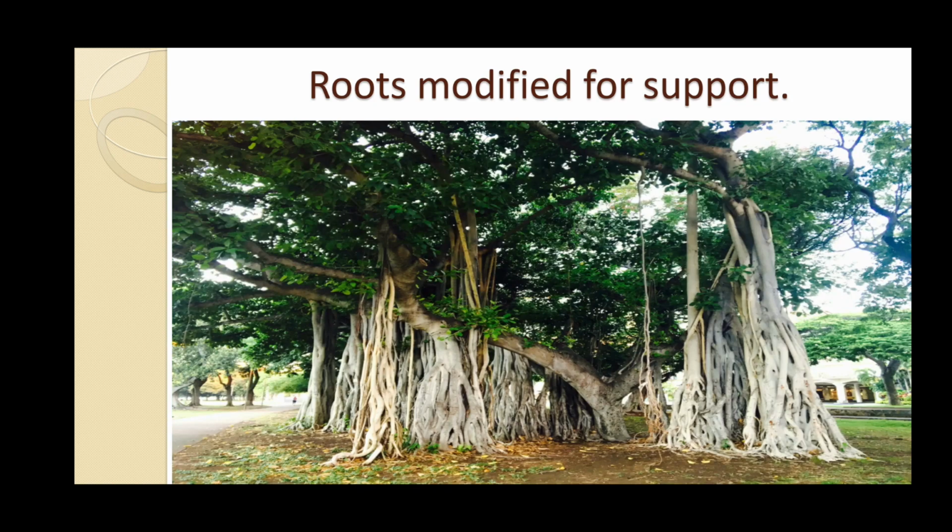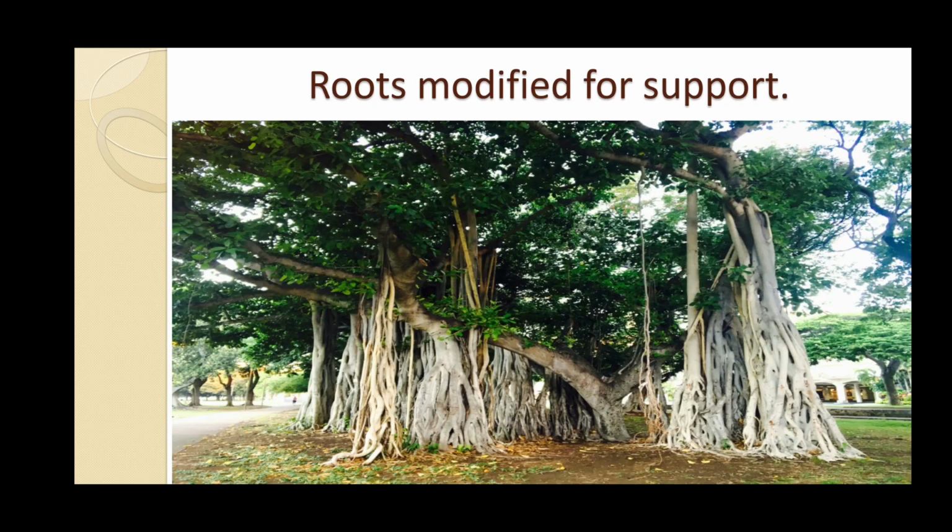Next are the roots which are modified for support. In some plants like the banyan, the roots provide additional support to keep these plants standing erect. For example, in the banyan tree, it has large branches, they need support.